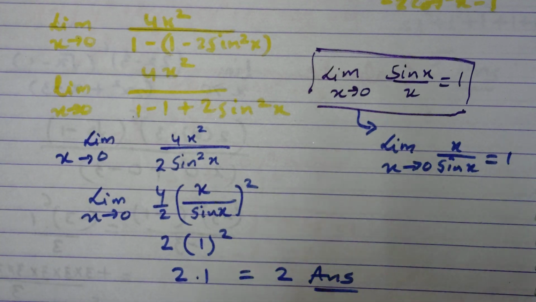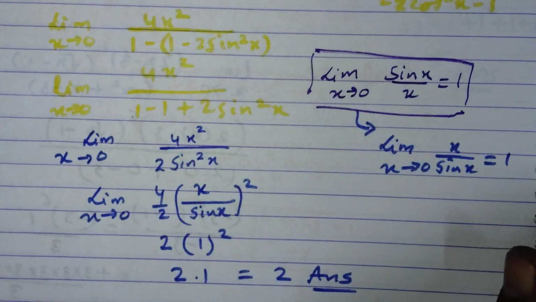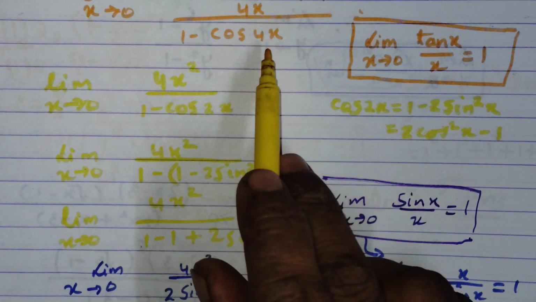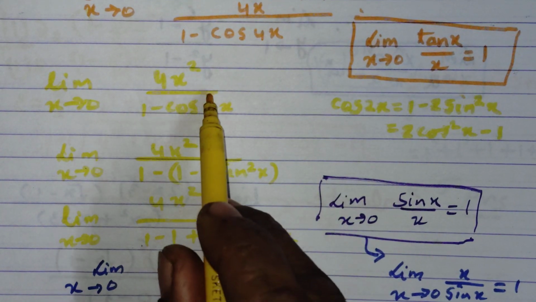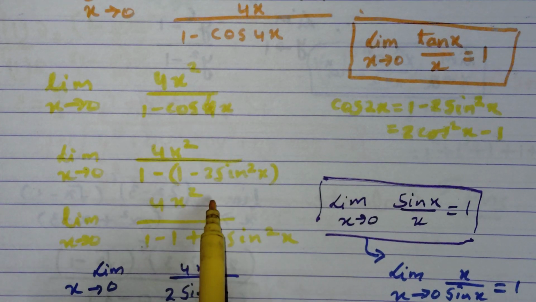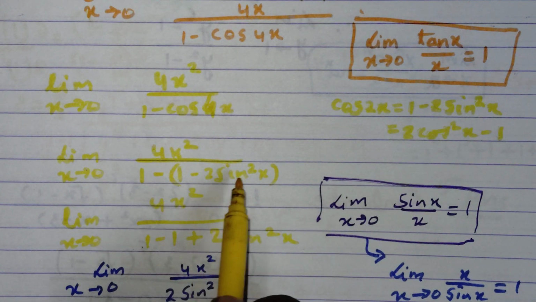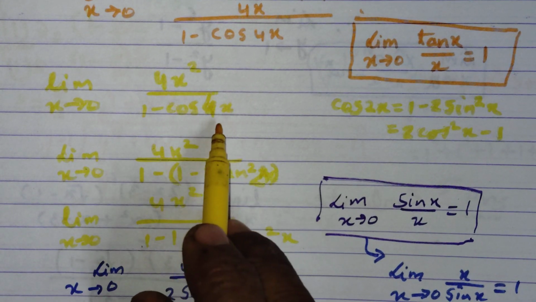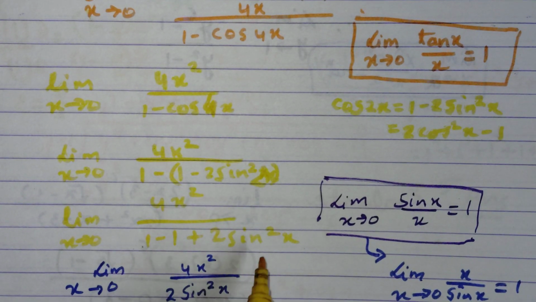But there is some mistake. There is cos 4x, so we write cos 4x here, not 2x. Therefore it becomes 2 sin square 2x, half of this angle, so 2x will be there.